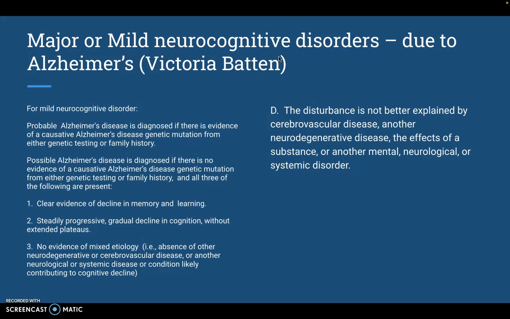So again, continuing to decline without breaks in the decline for a long period of time. And then again, the last part is no evidence of mixed etiology, no other diseases that could explain it, like systemic diseases or other neurological conditions. And then the last criteria for both is that the disturbance cannot be better explained by other diseases.